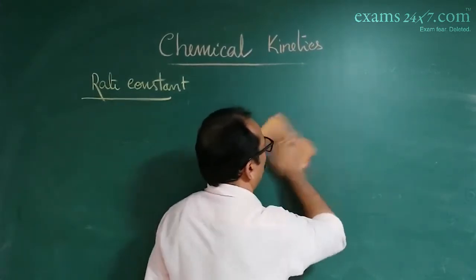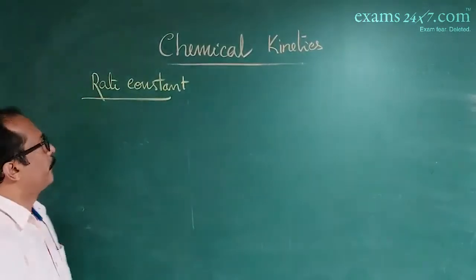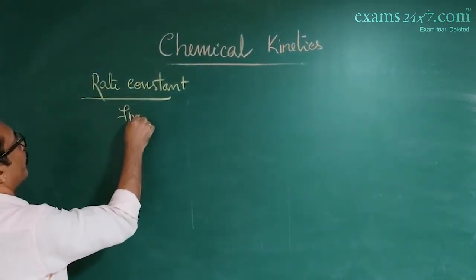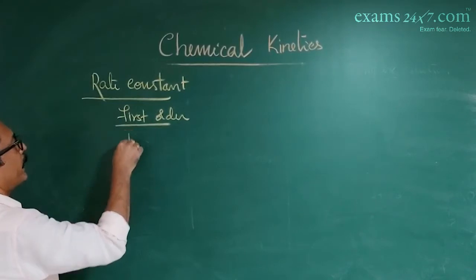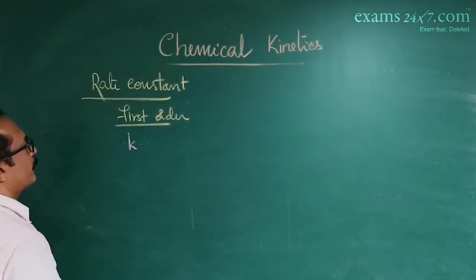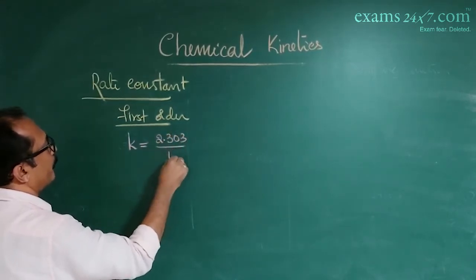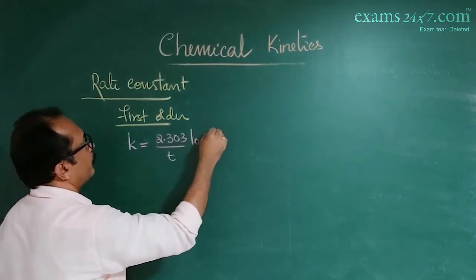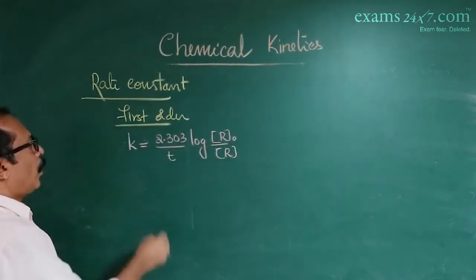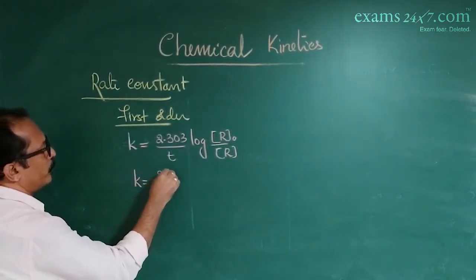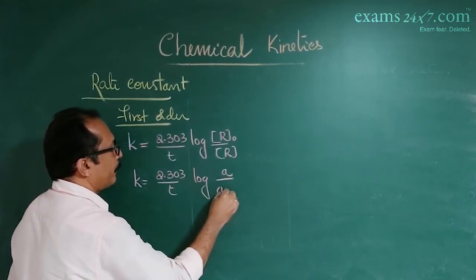Rate constant expression for first order reaction. In a first order reaction, the rate constant K is equal to 2.303 by t log of R naught by R. Or you can represent it like this: K is equal to 2.303 by t log of a by a minus x.